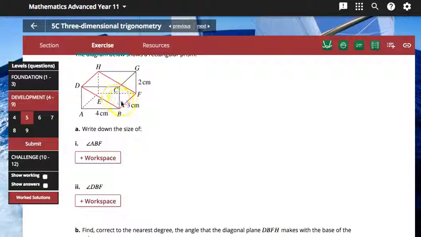You don't have to come down along the middle. We need this length, and we know this length. You want this angle in here. This length, FH, is the same as BD. Can you see that? And we know this length, that's 4.